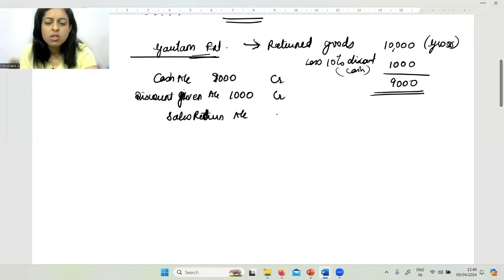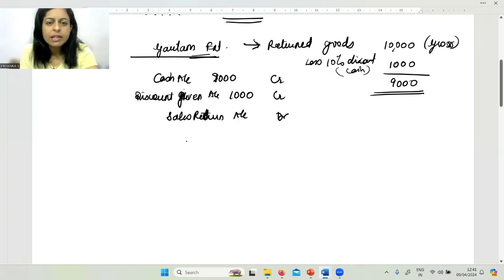Sales return means basically goods are coming into the business. Because earlier I sold goods, goods went out, so it was credit. Now we are getting these goods back, so sales return entry will be debit.